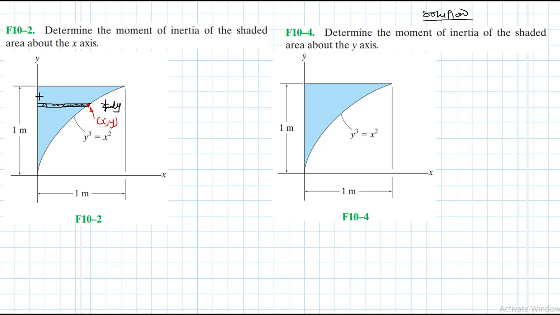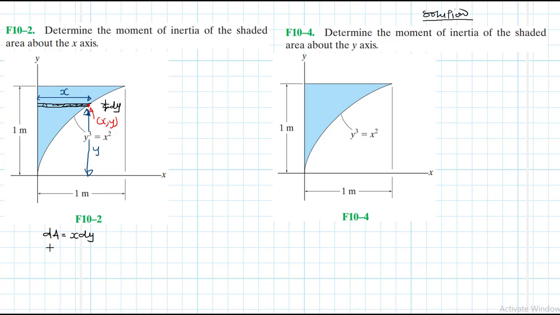And then we have this whole length here of this strip, x, and then we have this height here as y. Okay, and therefore our dA, small area for this strip, is equal to x dy, right?